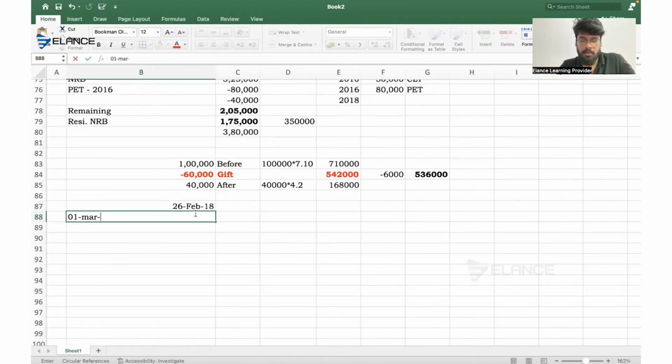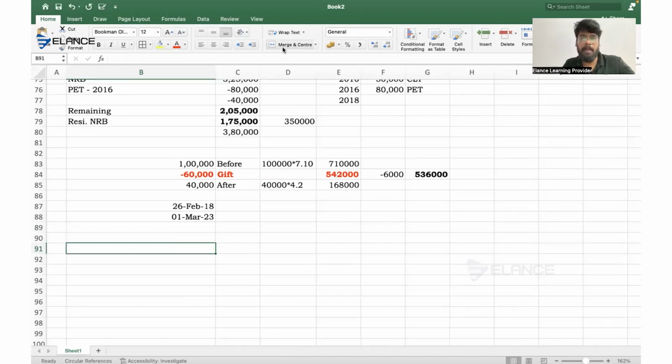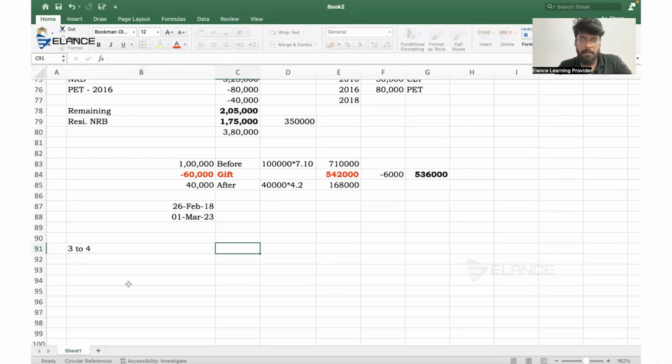So at the time of death, we get taper relief for the lifetime transfers, based on how many years the donor was alive after making the transfer. The criteria for getting this taper relief is that the donor should live for at least 3 years. If the donor is alive for between 3 to 4 years after making the transfer, they get a 20% taper relief.